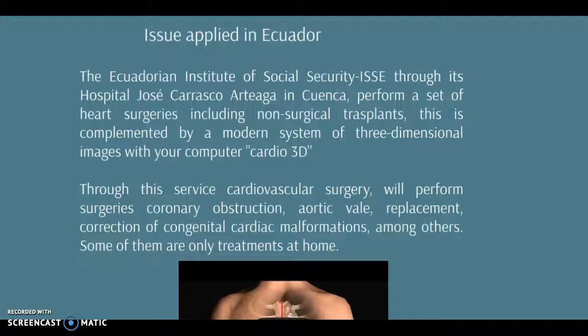This is accompanied by a modern system of three-dimensional images with a cardiac 3D computer. Through this service, cardiovascular surgery performs surgeries for coronary obstructions, aortic valve replacement, and correction of congenital cardiac malformations, among others.